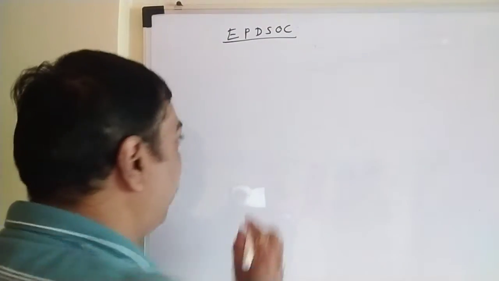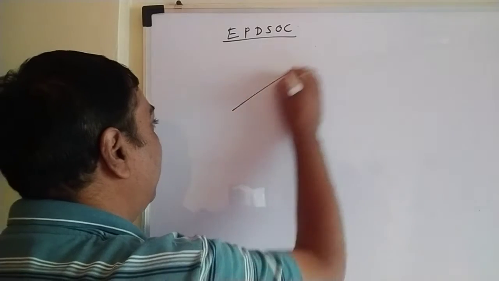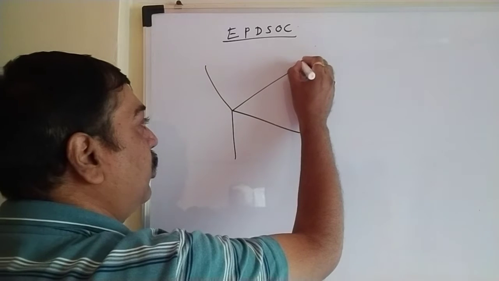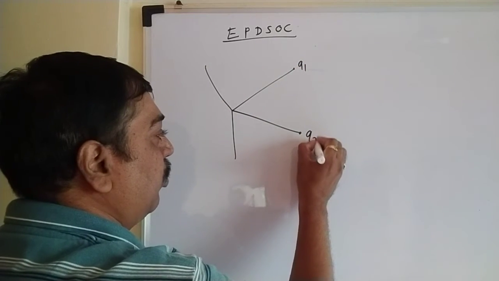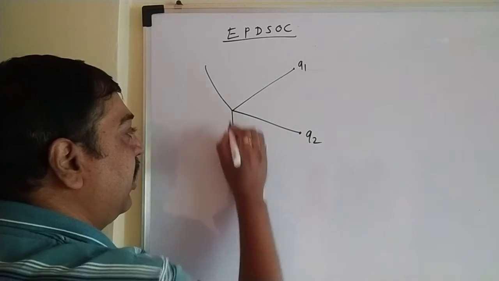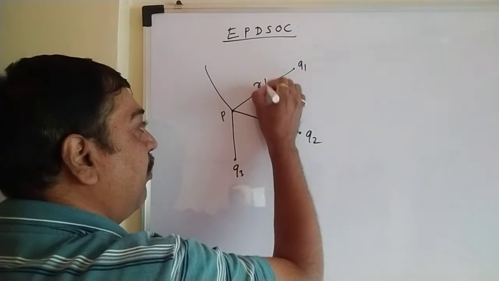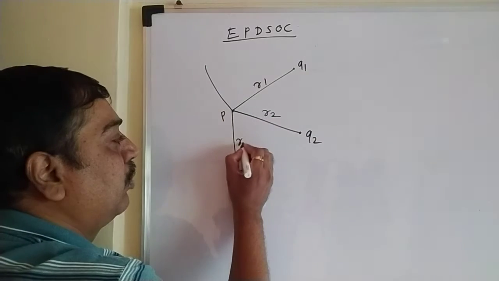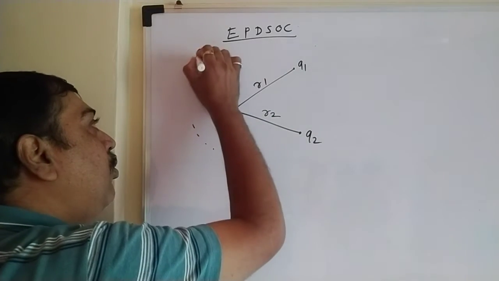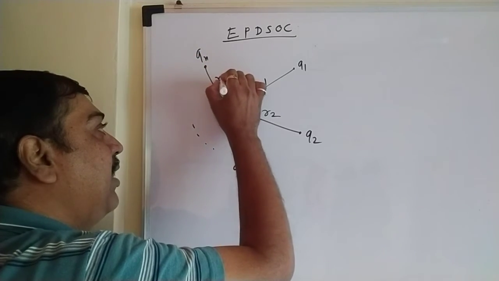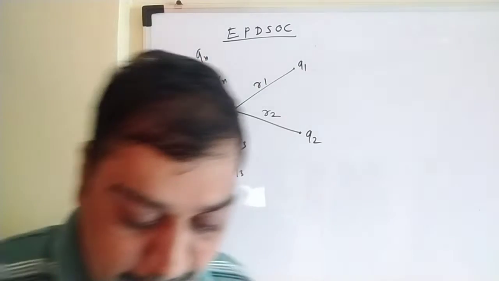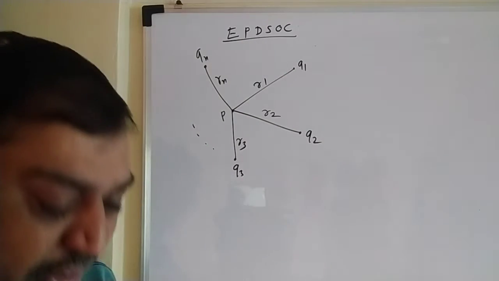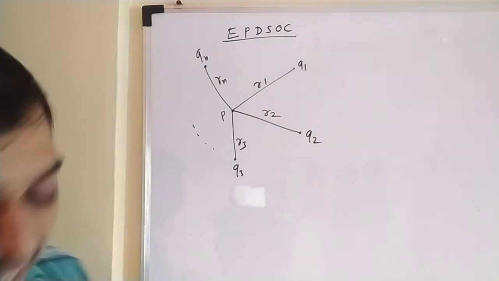So let's consider there are n number of charges represented like this, 1, 2, 3: charge q1 kept at a distance r1 from point P, q2 kept at r2, q3 kept at r3, and so on up to the nth charge qn kept at distance rn from point P. Our aim is to find the electrostatic potential due to these n charges.